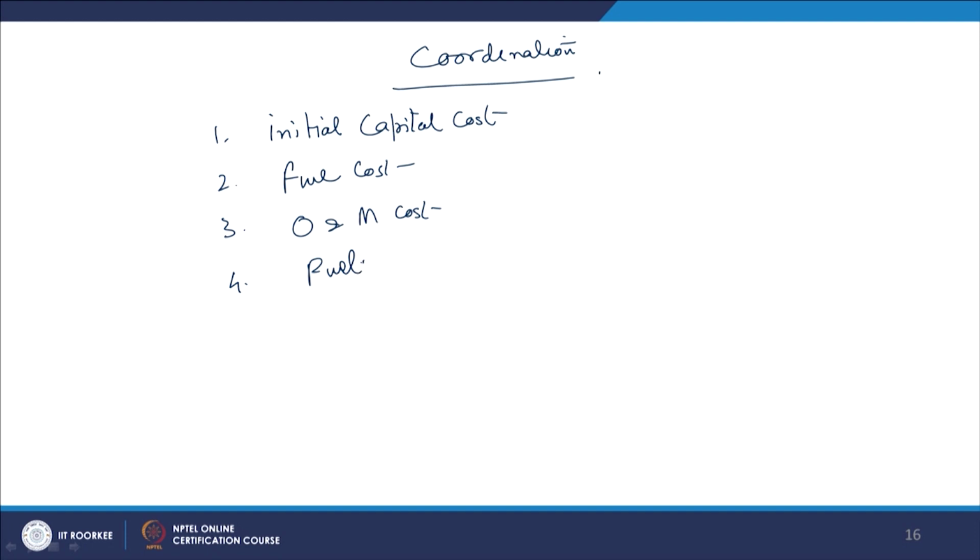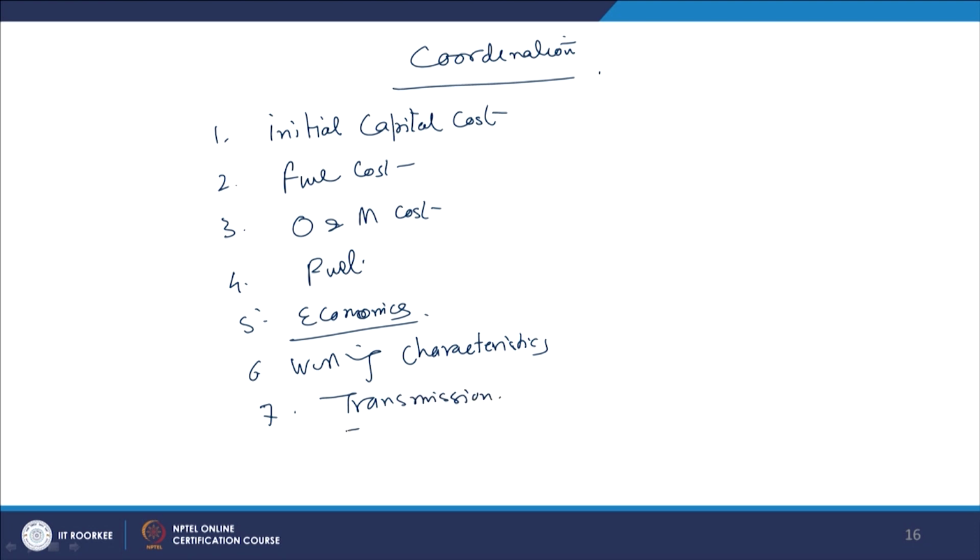Suppose you are going for a nuclear power plant, then you have to ensure the availability of the fuel as well. Economics, peak and base type of plants, what should be the capacity of the peak load plant, what should be the capacity of the base load plant. Working characteristics, and transmission.